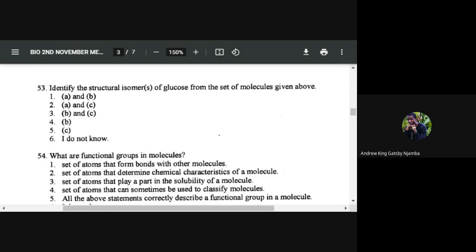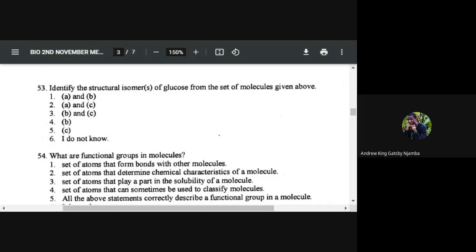Let me just check Dr. Shatter's notes. But this is what my memory is telling me. They just differ on one, more of epimers.